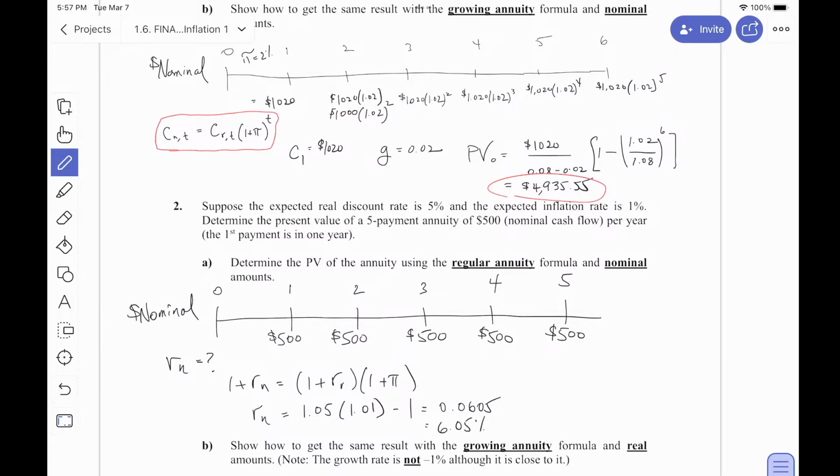And since these are level, then calculating the present value at time 0 is that.